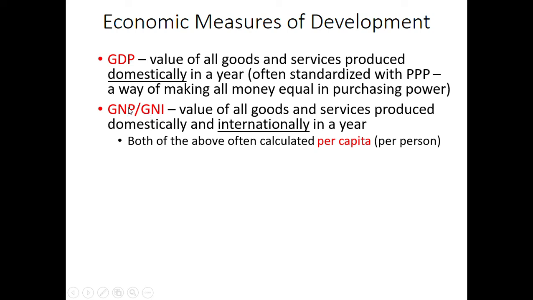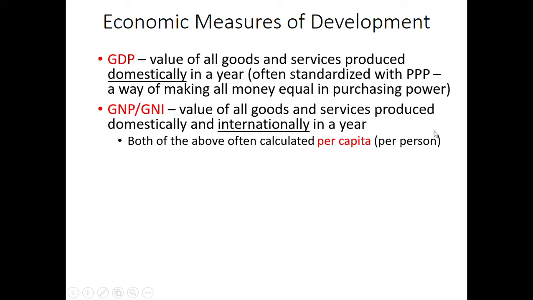You often see one of these statistics, sometimes it's GDP, sometimes it's GNP, in a per capita form. Per capita just means per person. So like a GDP figure for the US might be like $20 trillion. Like that may be how much our goods and services produce domestically in a year. But if you look at our GNP, it will be a bigger number, maybe $25 trillion.